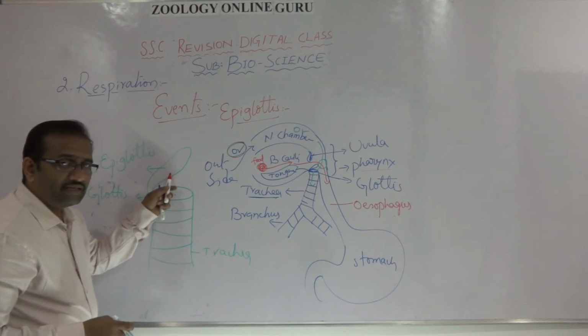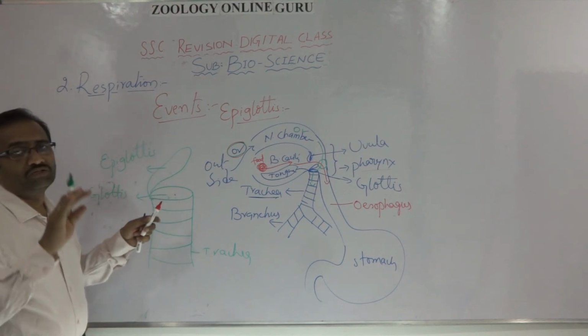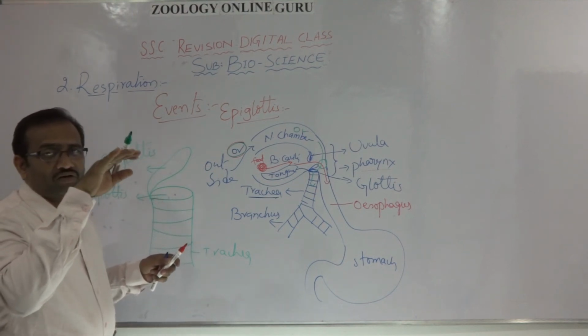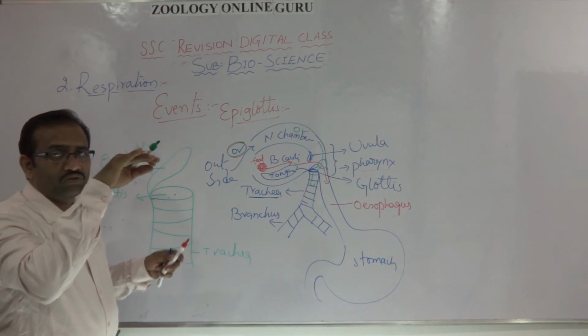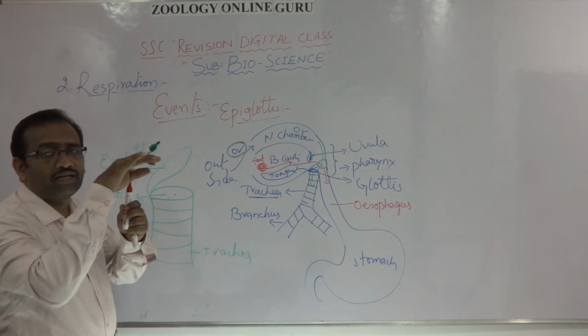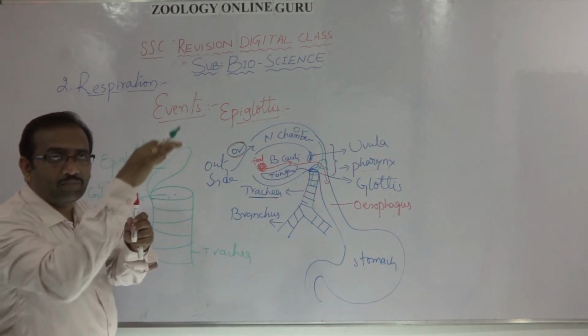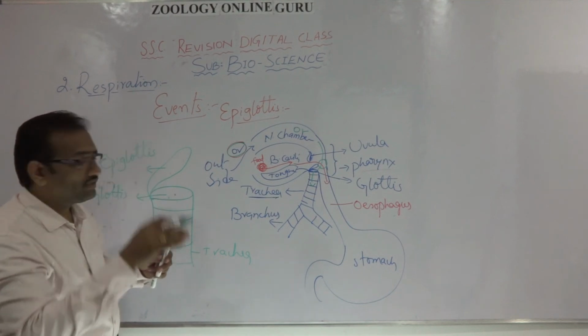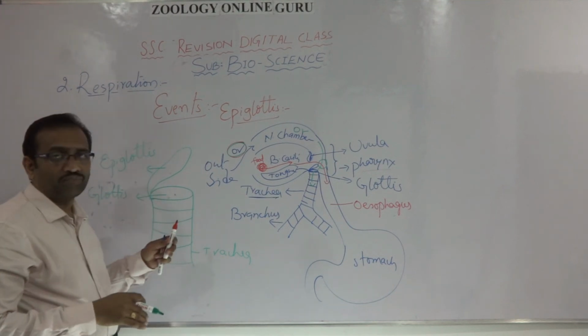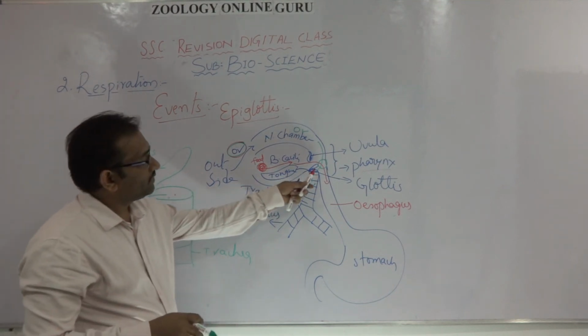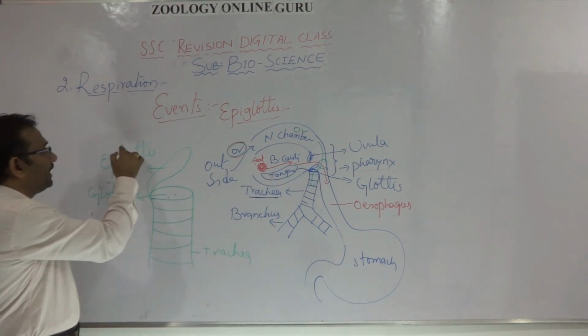On the glottis there is a flap-like structure, present on the covering of the glottis, to inhibit or avoid the passage of food or water into the trachea. This flap-like structure is called the epiglottis.